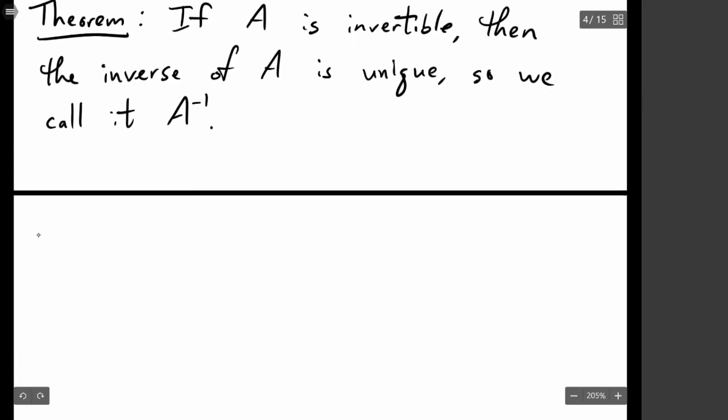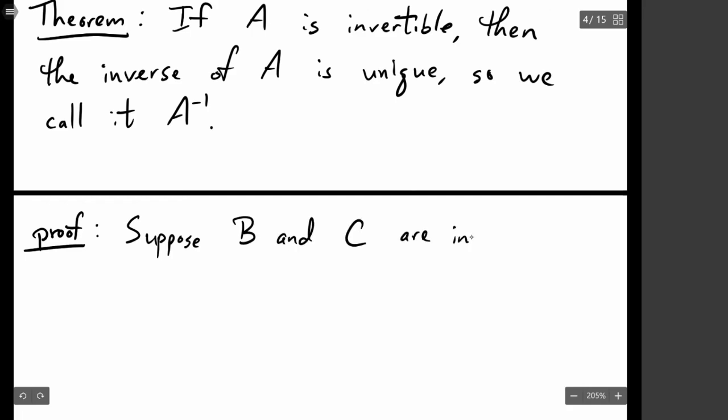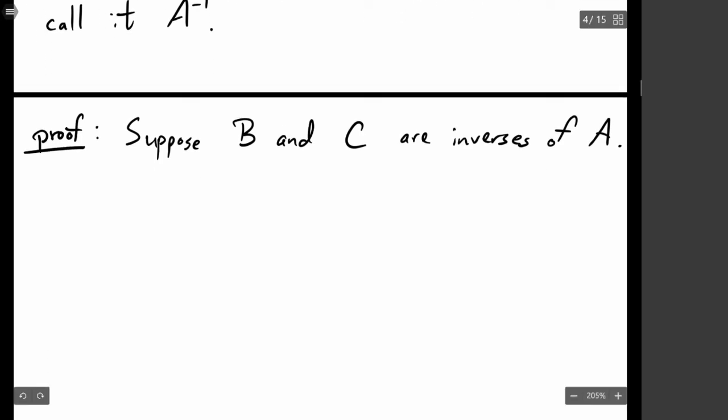To prove this, what we're going to do is say, well, suppose it's not unique. So we'll say, suppose B and C are inverses of A. So suppose we have two things that are inverses.